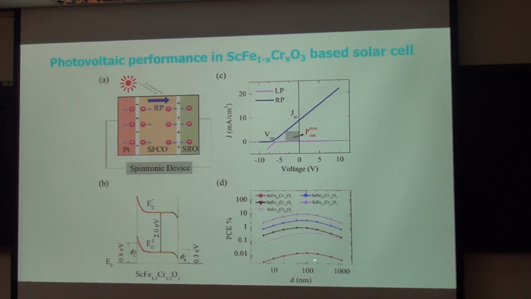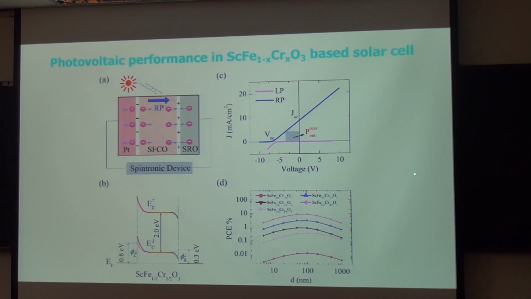And the maximum thickness for the power conversion efficiency is around 100 nanometers. This accords with experimental observation, usually at this thickness. And the most important finding is that we almost reach 10% power conversion efficiency.